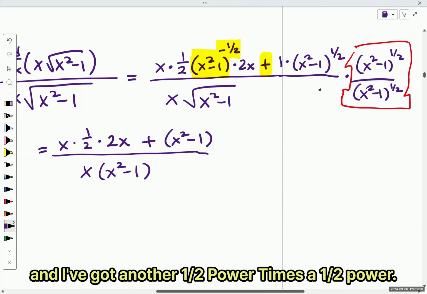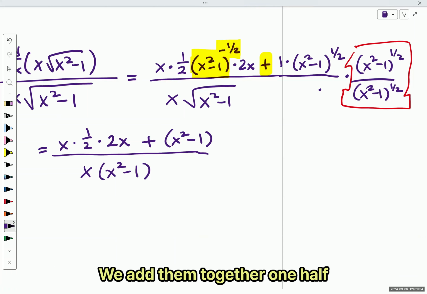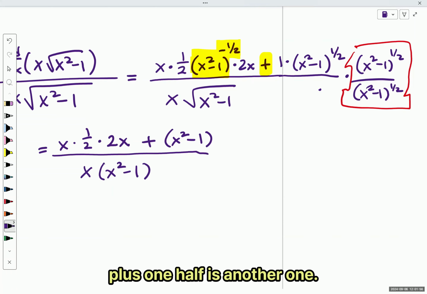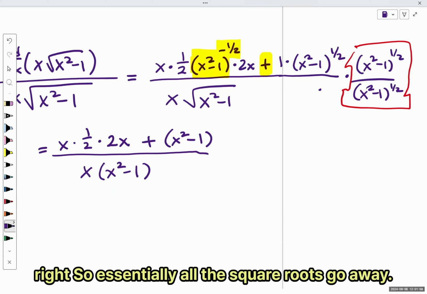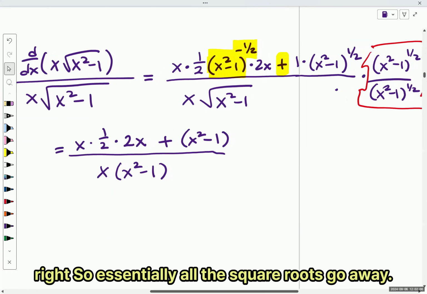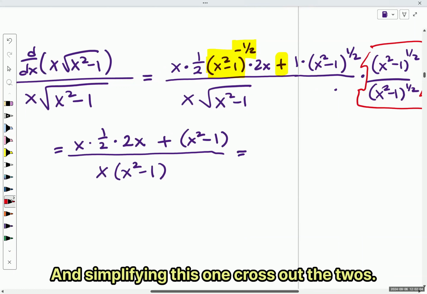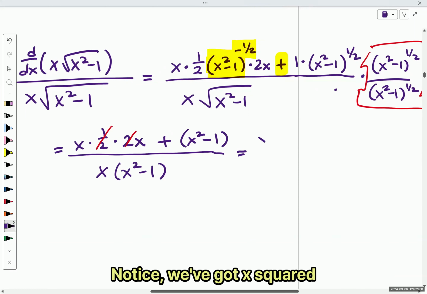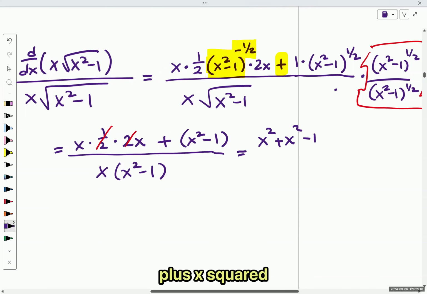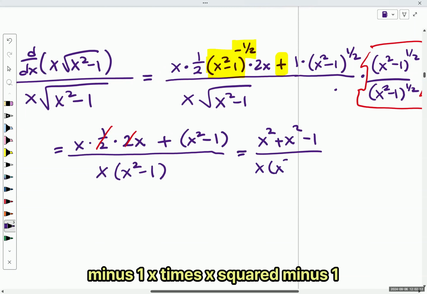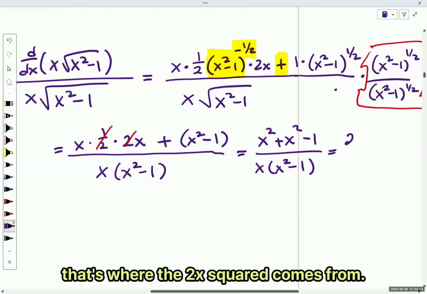And I've got another 1/2 power times a 1/2 power. We add them together. 1/2 plus 1/2 is another 1, right? So essentially all the square roots go away. And simplifying this one, cross out the 2's. Notice we've got x squared plus x squared minus 1, x times x squared minus 1. That's where the 2x squared comes from.